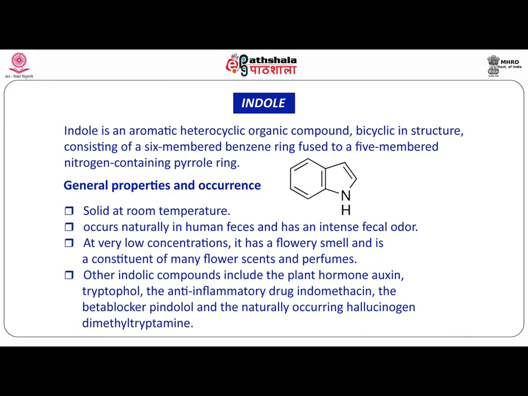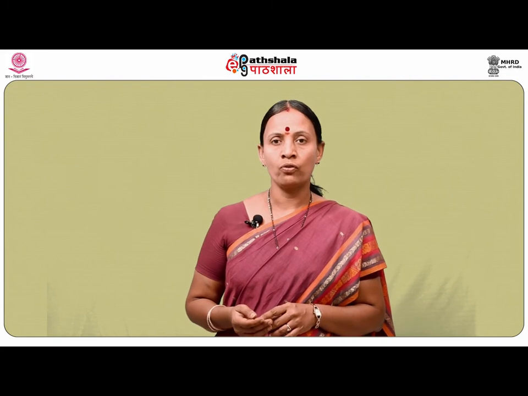Next, we will look into the general properties of indole. Indole is solid at room temperature and it can be produced by bacteria as a degradation product of the amino acid tryptophan. It occurs naturally in human feces and it has an intense fecal odor. At very low concentrations, it has a flowery smell and it is a constituent of many flowers and perfumes.